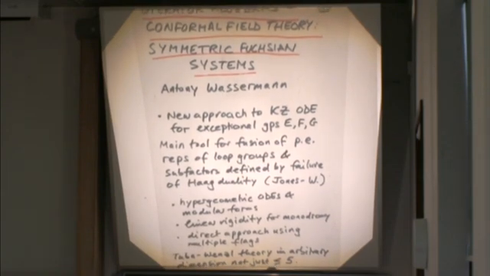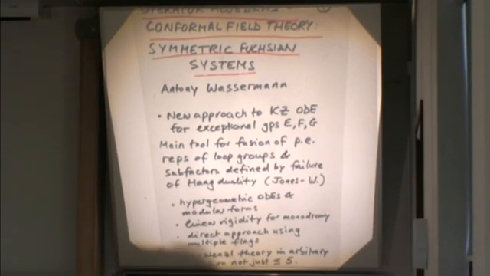And that will reduce to the symmetric Fuchsian systems, which are very simple things where you can forget about any group at all. So if you don't know anything about E8, G2, or anything like that, these just wipe all that away and say, forget group theory, we're going to solve the equation without using that.